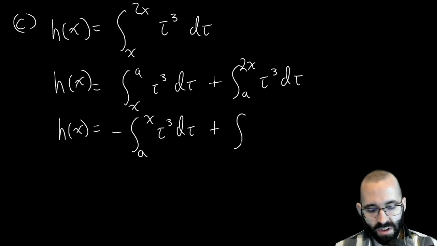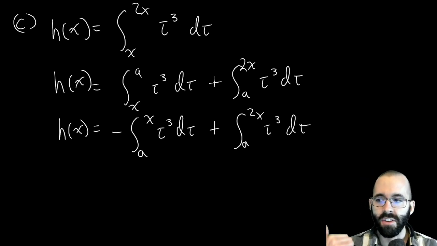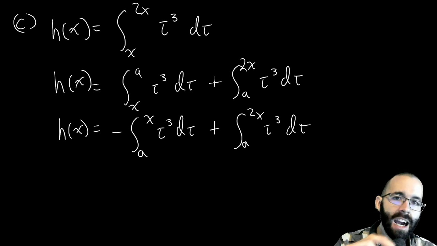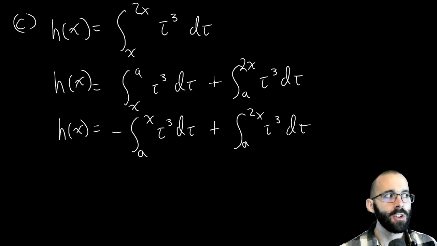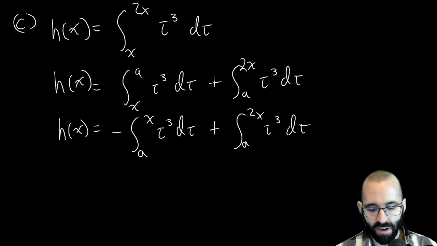And now look at what we've got. Now we have two pieces that are perfectly in the form of part 1 of the fundamental theorem of calculus. Now we can take the derivative. Remember, one of the themes of Calc 1 for taking the derivative is try to rewrite and simplify the function as much as you can to make it easier to take the derivative of.